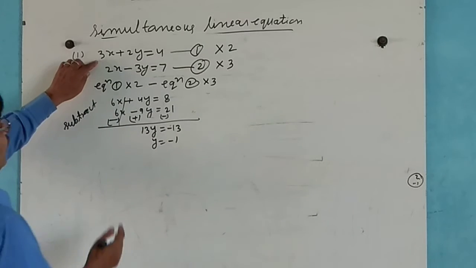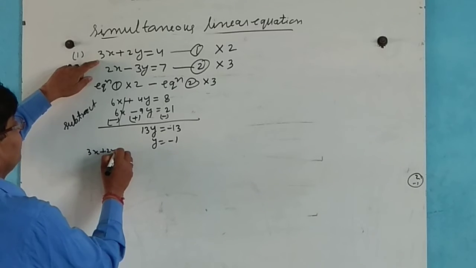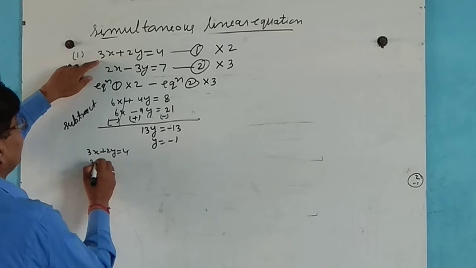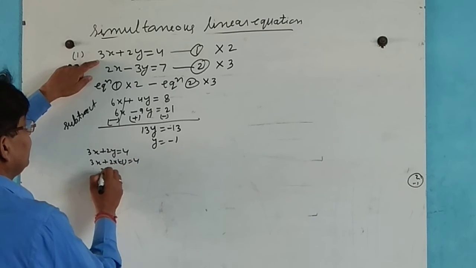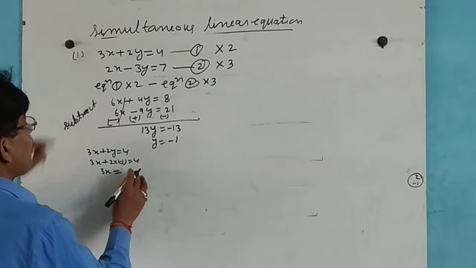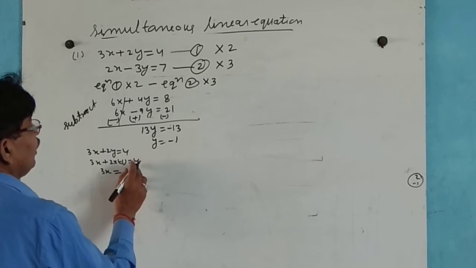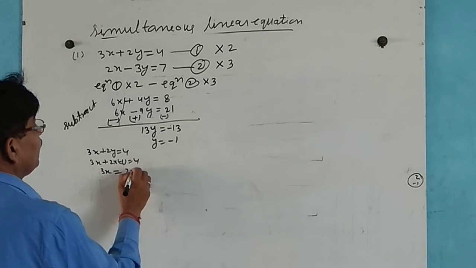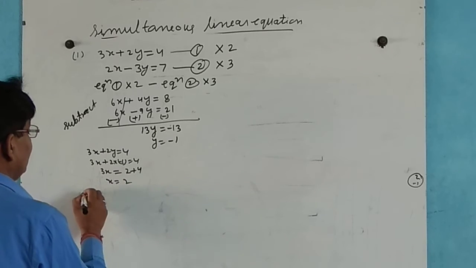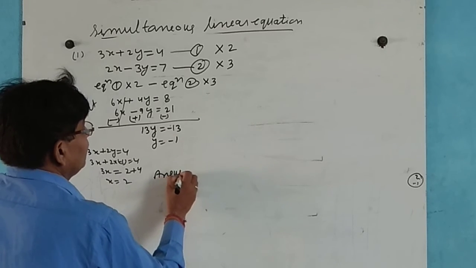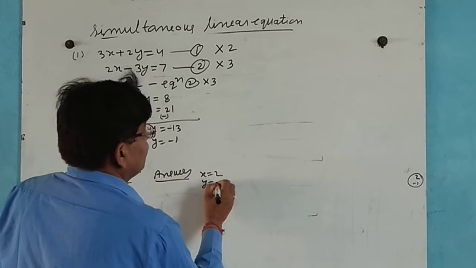Putting this value in equation 1, 3x plus 2y equal to 4. 3x plus 2 into minus 1 equal to 4. 3x equal to 4 plus 2, x equal to 6 divided by 3 equal to 2. The answer is x equal to 2 and y equal to minus 1.